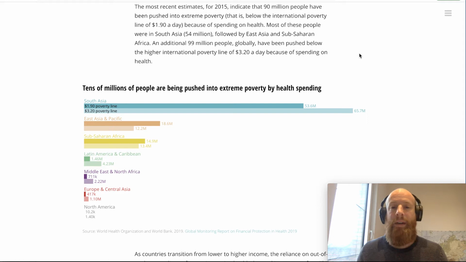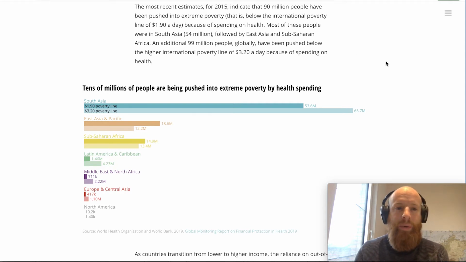Because healthcare in a lot of countries is expensive, and if your income is not that high, having an accident or becoming sick can mean that a substantial amount of your income needs to go to the healthcare service. So this chart is all about that.